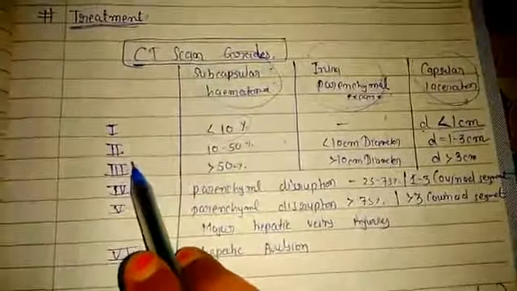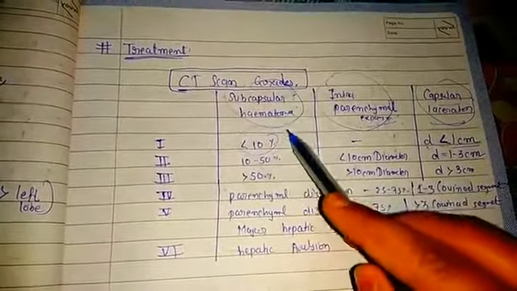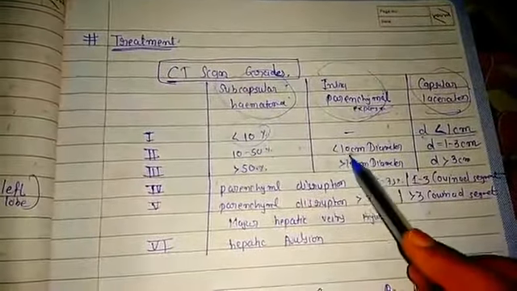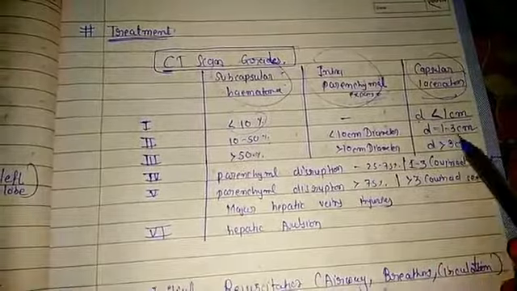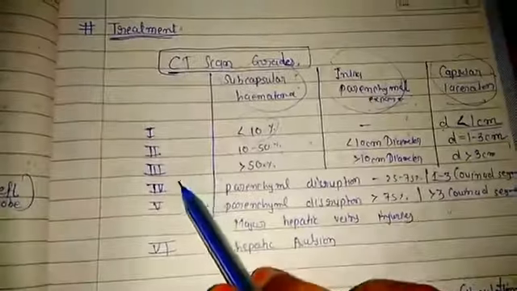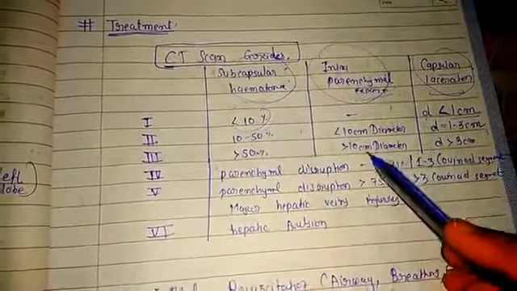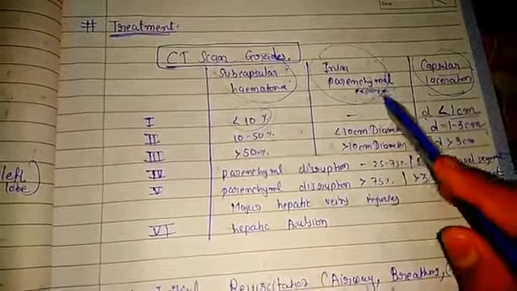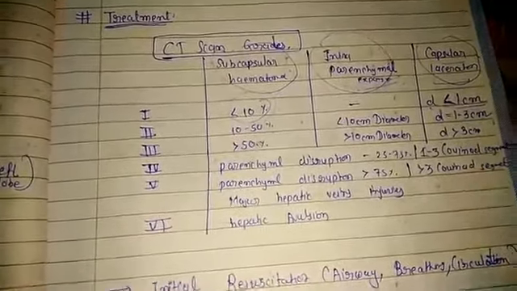In grade 2 there is 10 to 50% subcapsular hematoma, less than 10 centimeter diameter of parenchymal expansion, and depth is 1 to 3 centimeter. In grade 3 there is greater than 50% subcapsular hematoma, greater than 10 centimeter diameter intraparenchymal expansion, and depth is greater than 3 centimeter.